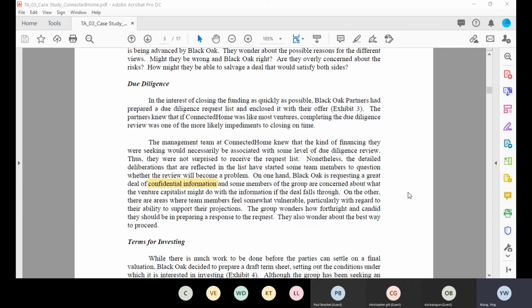But you also need to release enough information for the potential investors to feel confident to make the decision. So yeah, you have to really maybe get some expert advice on this, how to do it. Yeah. Okay, thank you for that.